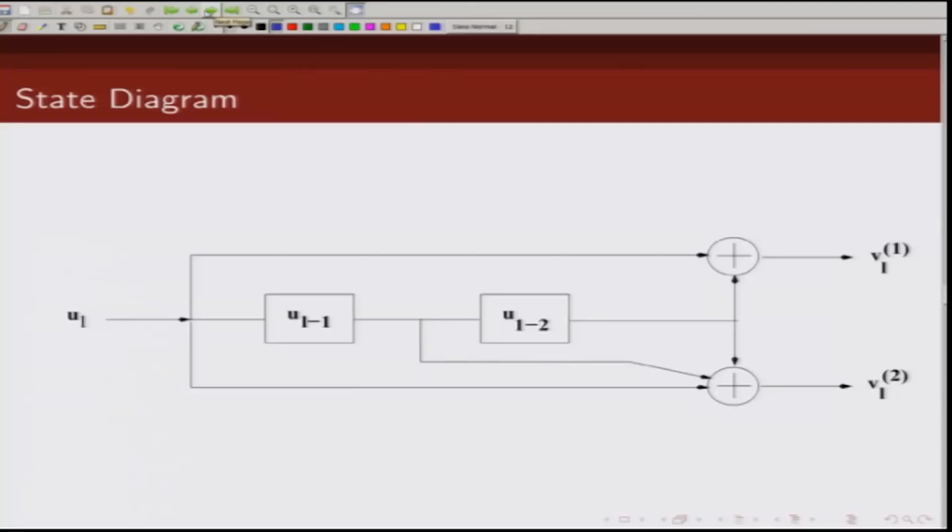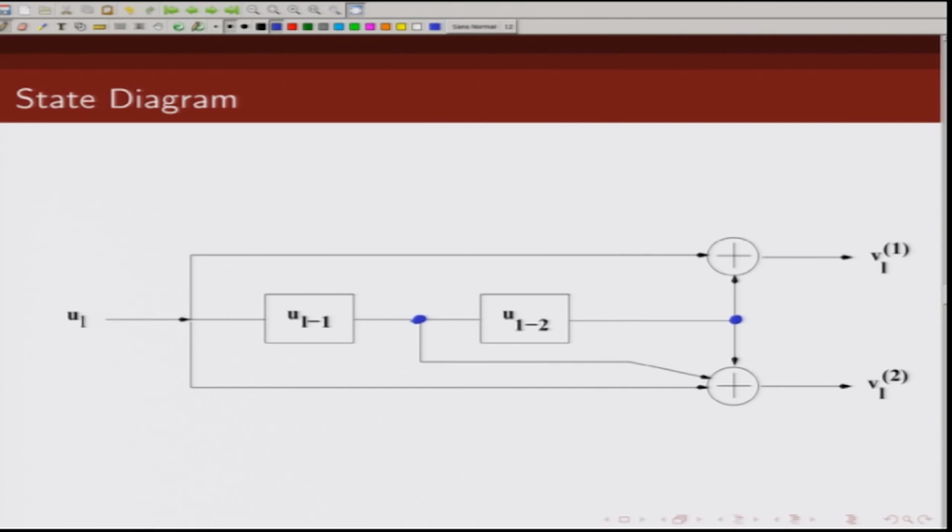So, let us take the same example that we have been dealing with so far. This is a rate 1 by 2 convolutional code with memory 2. And what is the state of this? The state of this convolutional encoder is given by the content of these shift registers, which I am denoting by these blue dots. So, what is the content here and what is the content here? That is essentially the state of the convolutional encoder.